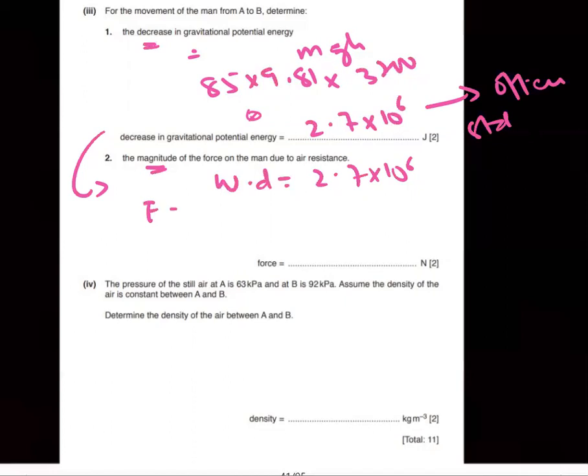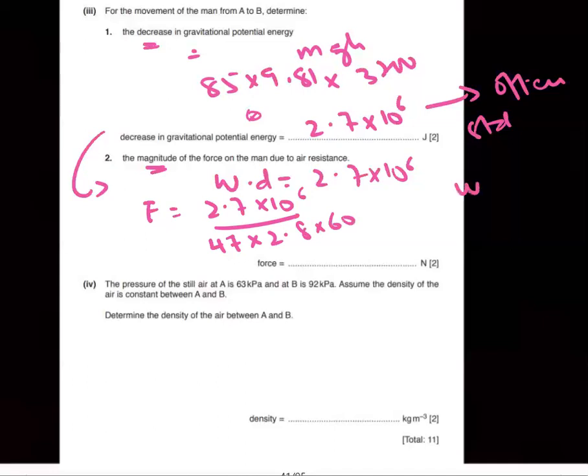Force is equal to work done upon distance. So 47 into 2.8 into 60, right?